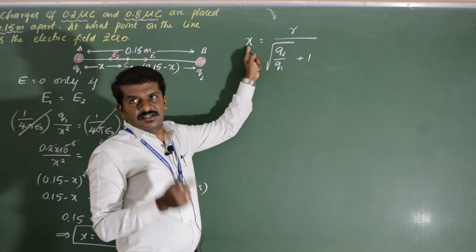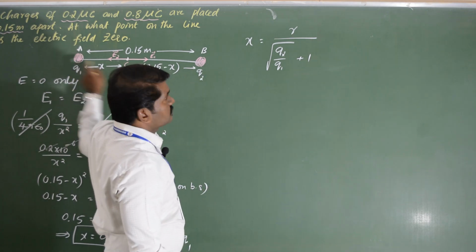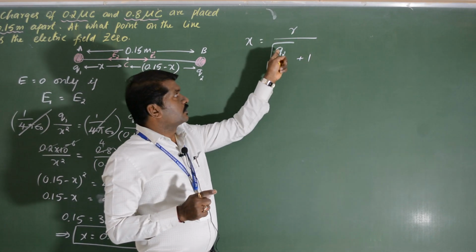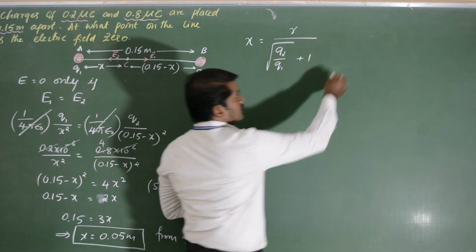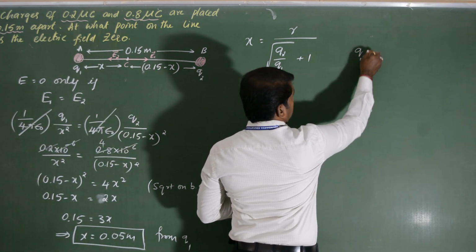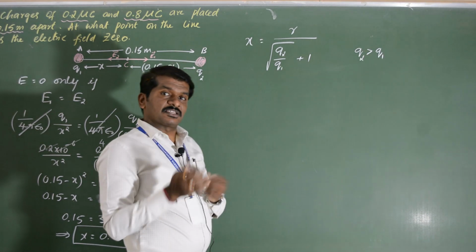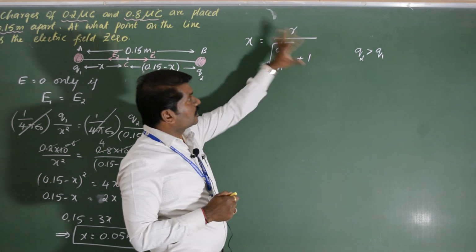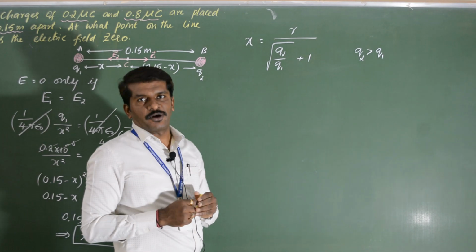X indicates the distance of the point from the charge, r indicates the distance between the two charges, Q2 and Q1 are the point charges. We have to take it in such a way that Q2 must be greater than Q1, or Q1 must be less than Q2. So this is a shortcut method to find the null point in between the two point charges.